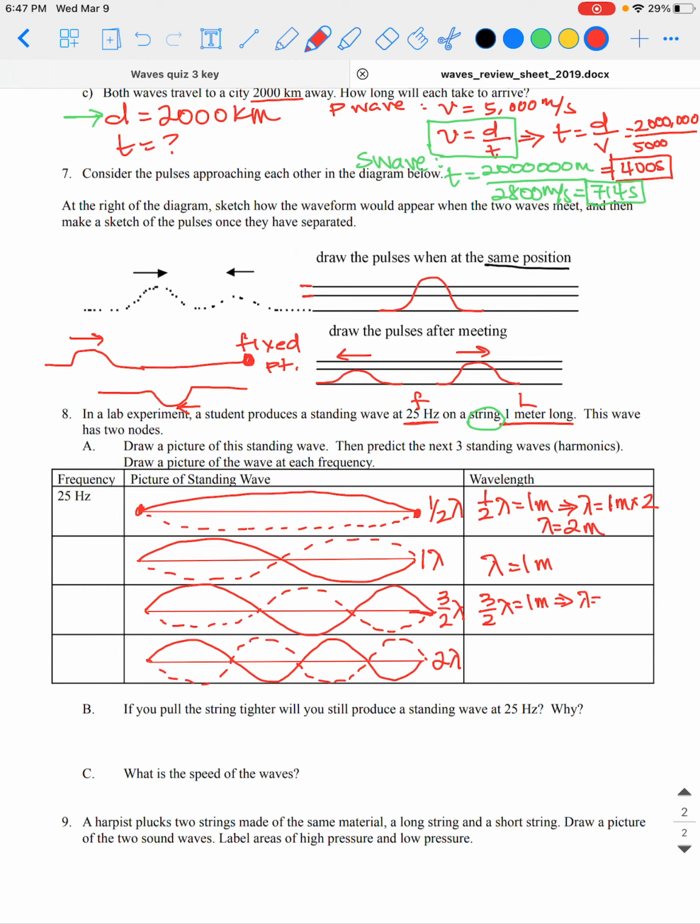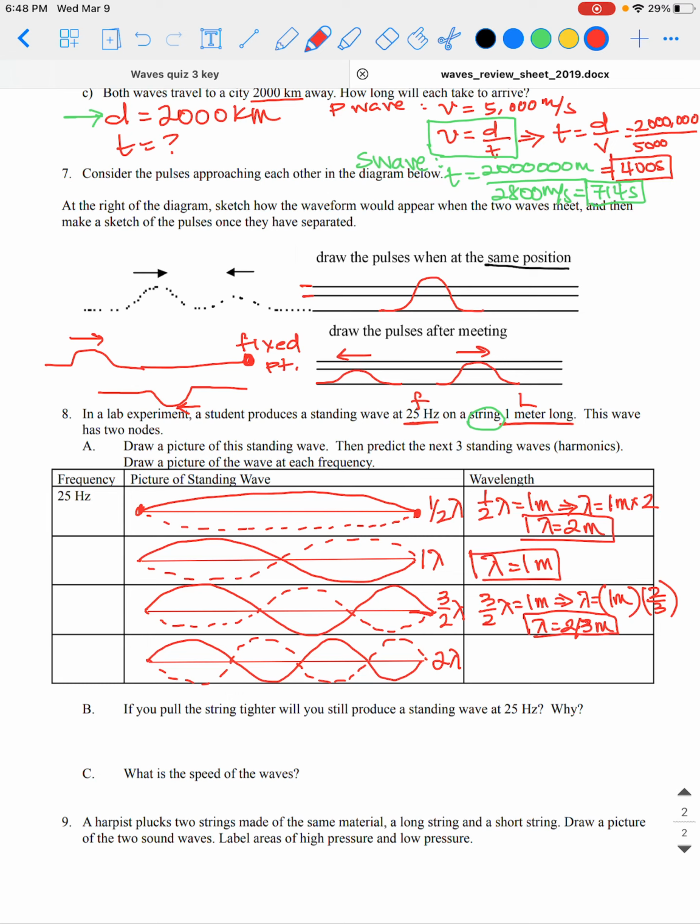Therefore, 1 wavelength is equal to 1 meter times the reciprocal, which is 2/3. So this wavelength is equal to 2/3 of a meter, or 0.67.